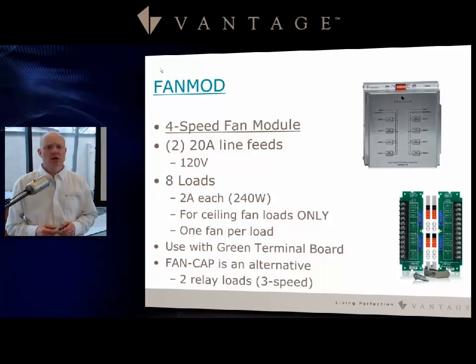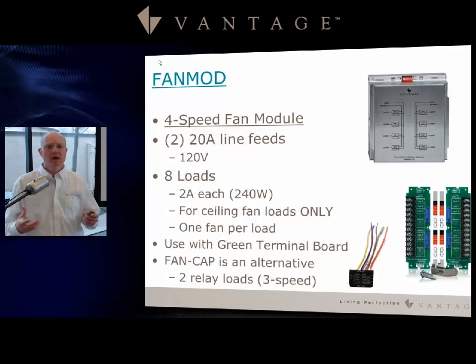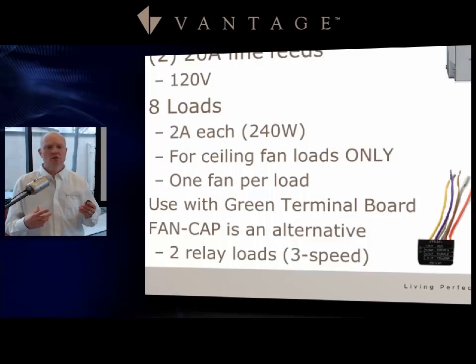Another thing to keep in mind is that we do have the fan cap. It is an alternate to this fan module. It uses 2 loads, and it would give you 3 speeds with this piece. I would use, for example, the relay module, use load 1 and 2, and then I can get a combination: 1 on would be a medium speed, 2 on would be a low speed, and 1 and 2 on would give me a high speed.